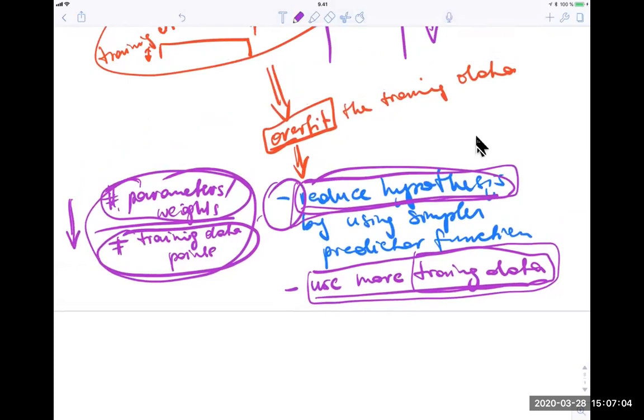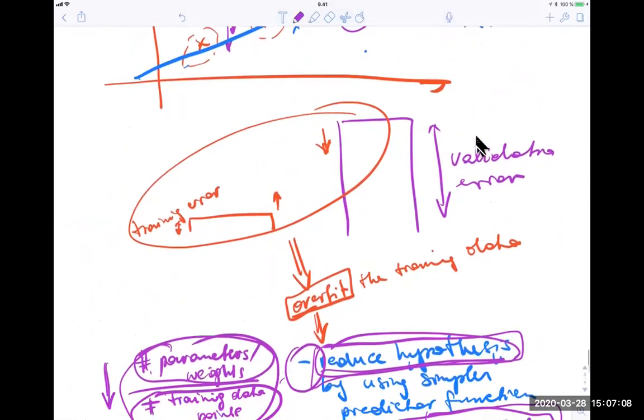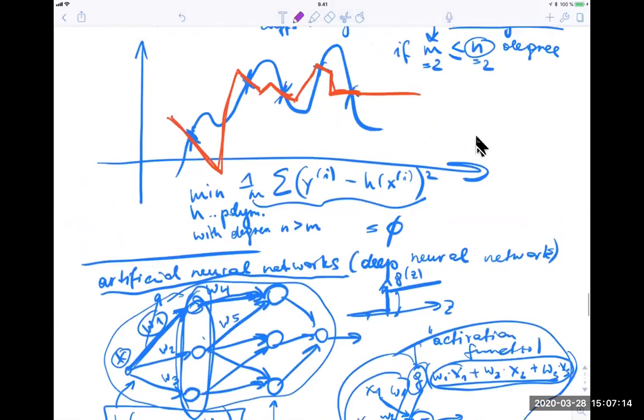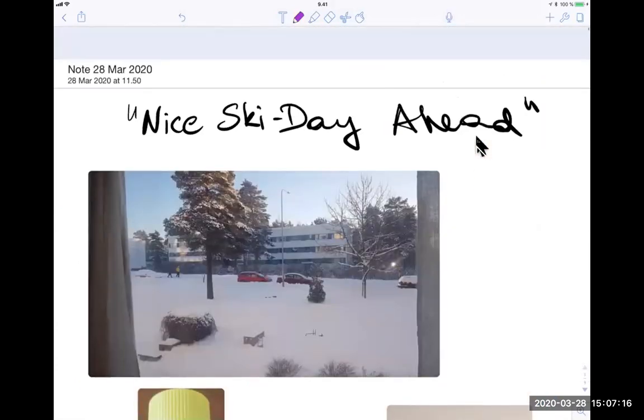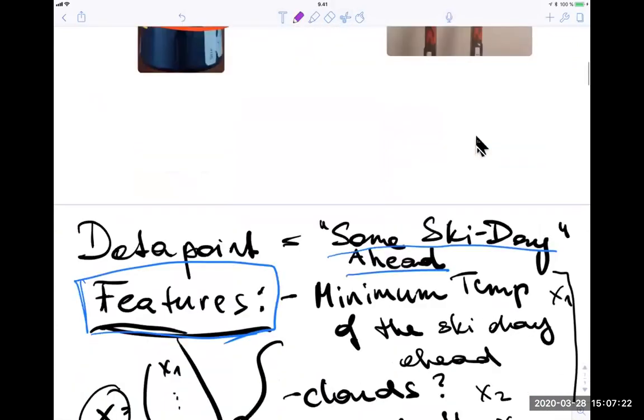Okay, so this was now a rather compact walk through one application of machine learning, where we discussed how to model a problem or an application as a machine learning problem. The application was finding out the maximum temperature for a nice ski day ahead.